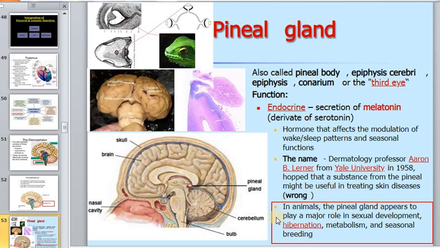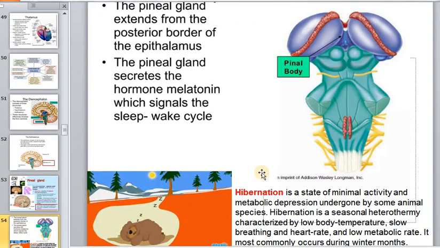In animals, the pineal gland appears to play a major role in sexual development, hibernation, metabolism control and seasonal breeding. So here we see the part of the brain, the pineal body, very little.